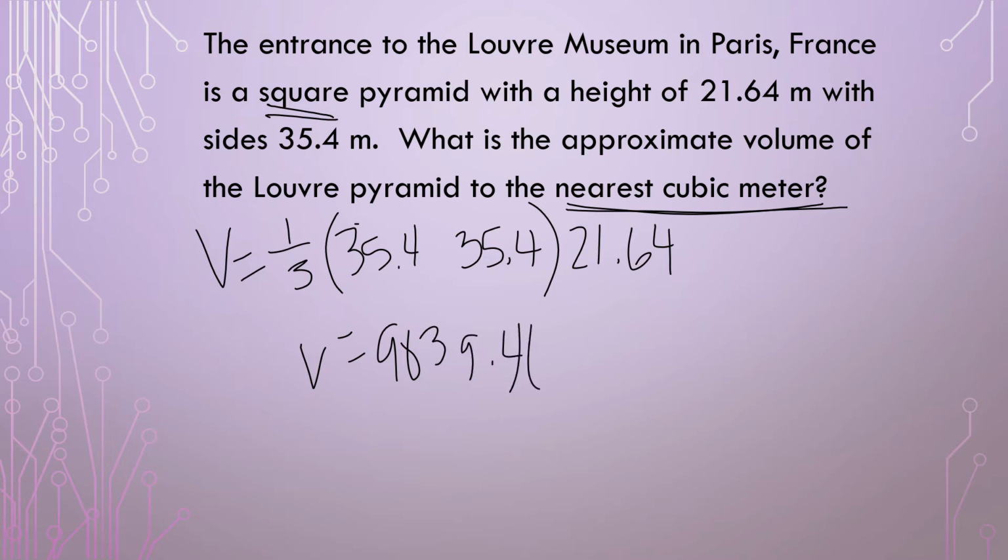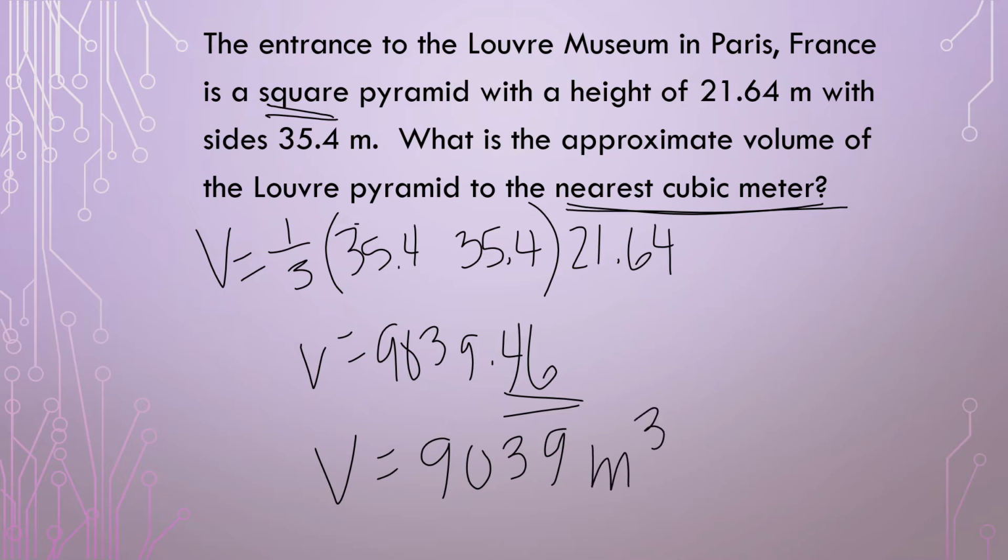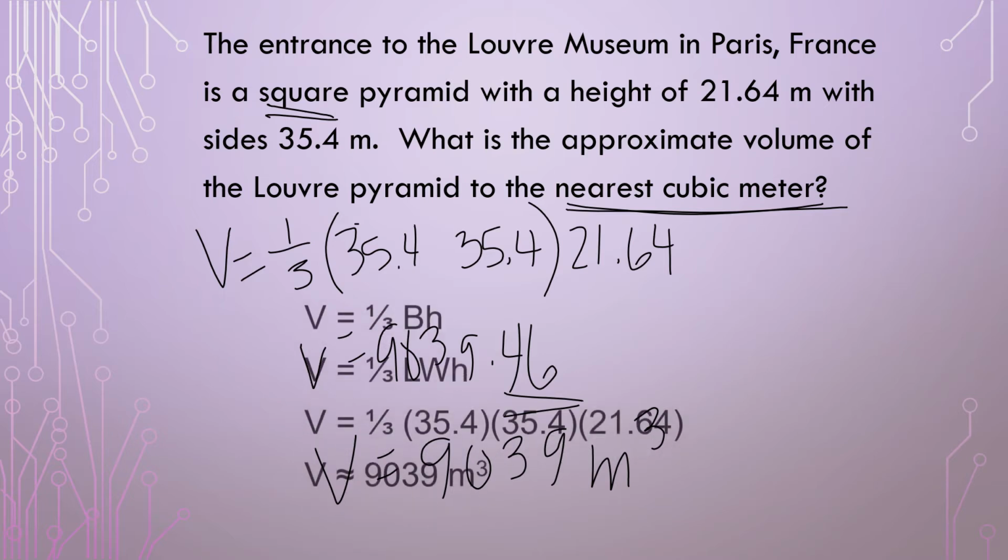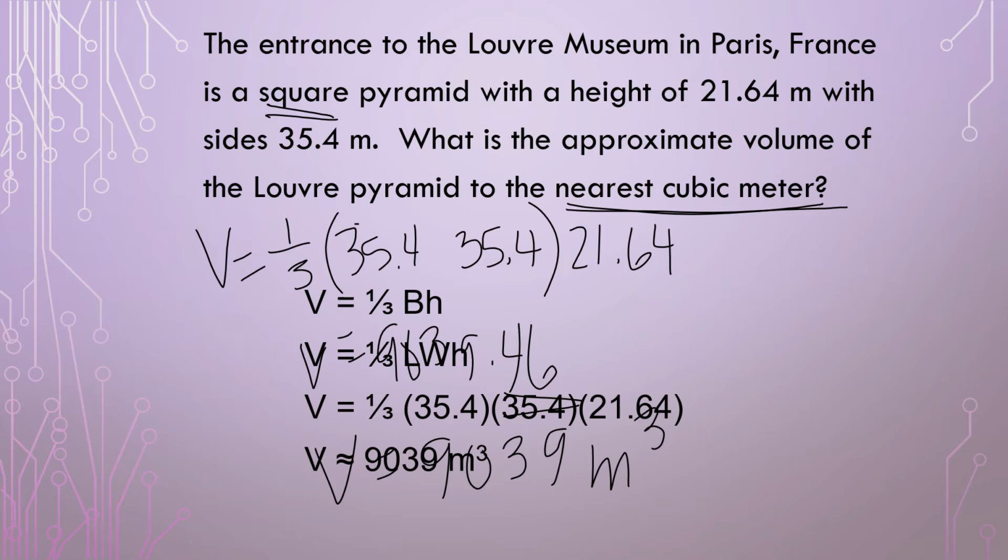Because it asks us to round to the nearest cubic meter, we are going to round this down, because 46 is not at 5 yet, so we would just leave it as 9,039 meters cubed as the answer. Oh, and I guess it's all written there for you.